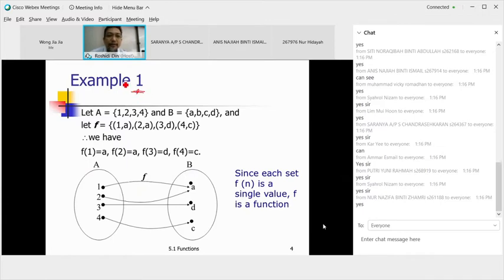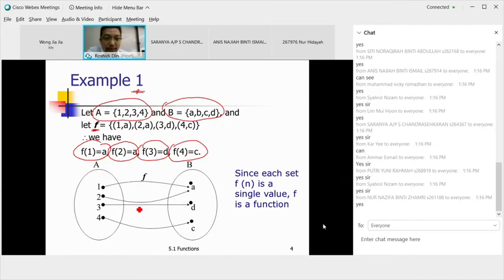Okay, now we move to example 1. How do we identify this function? So given to you, A has elements 1, 2, 3, 4, B has elements A, B, C, D. Now once we have a function, it means 1 maps to A, 2 maps to A, 3 maps to D, 4 maps to C. So we can write that F1 is equal to A, F2 equal to A, F3 equal to D, F4 equal to C. So how do we visualize this idea?